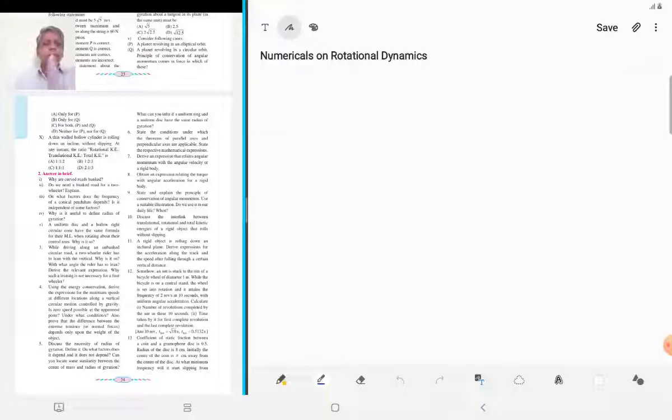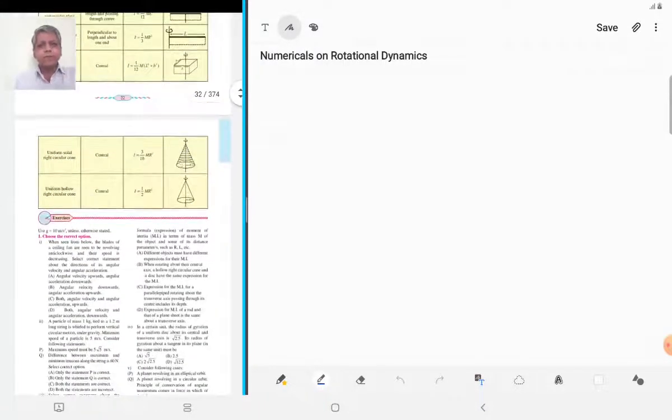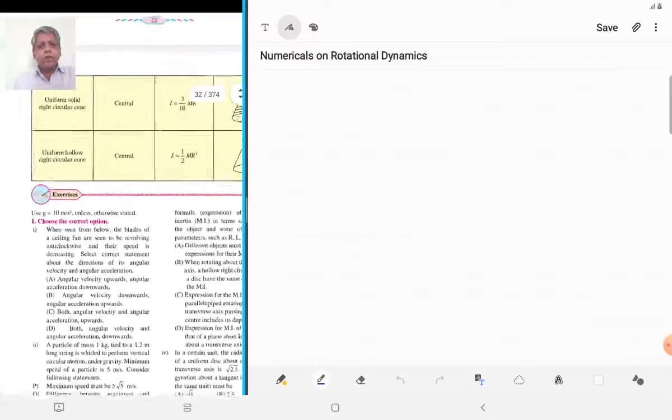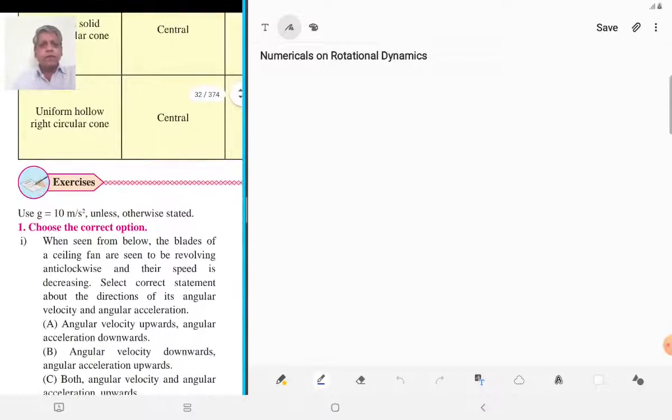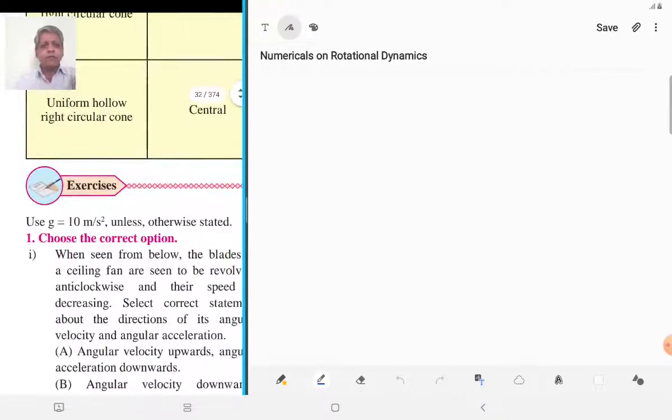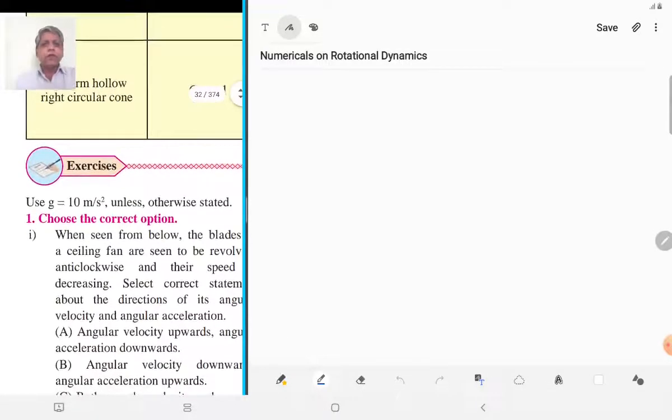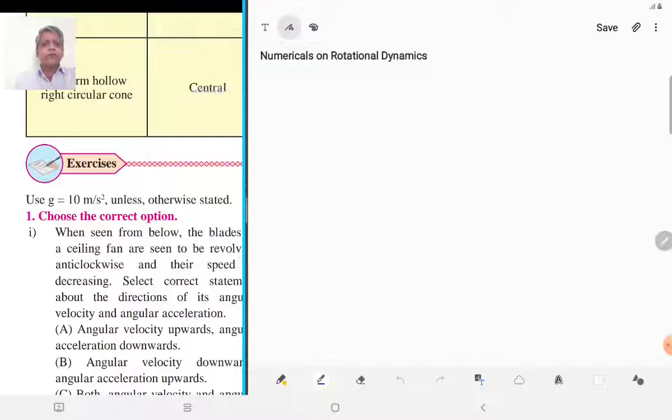Now today we solve these unsolved numericals. Before that, one sentence is given at the starting of the exercise: use g is equal to 10 meter per second square unless otherwise stated.